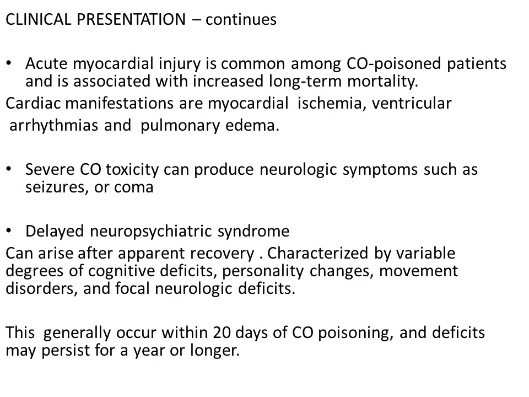It is characterized by a variable degree of cognitive dysfunction, personality change, movement disorders, and focal neurological signs. This generally happens within 20 days of the exposure to carbon monoxide, and these deficits might persist for years and longer.